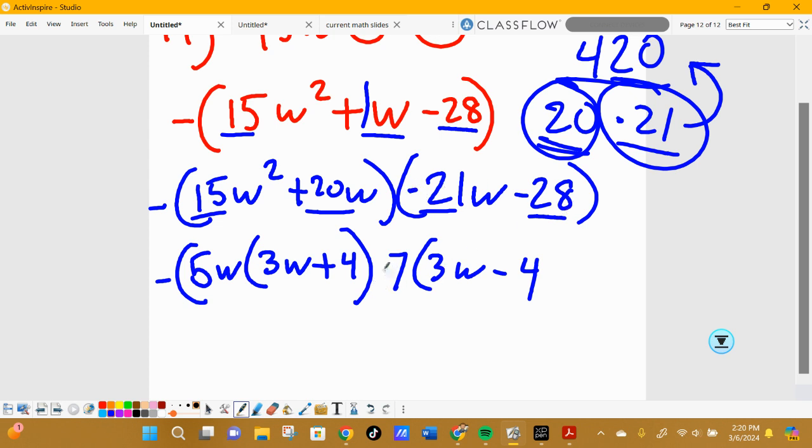I need to take out a minus sign to make it positive, and this becomes a plus. Sorry, I'm backtracking. 20 plus 21 is 41. With this negative, it's 20. Shoot. Okay, sorry, never mind. Got to go all the way back.